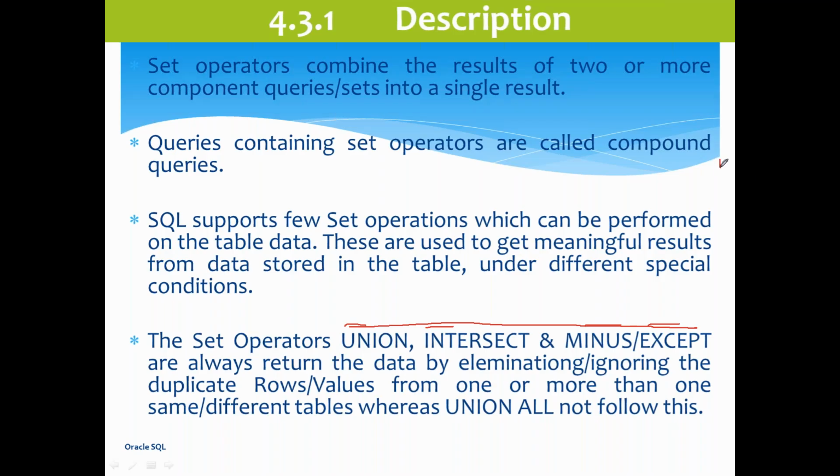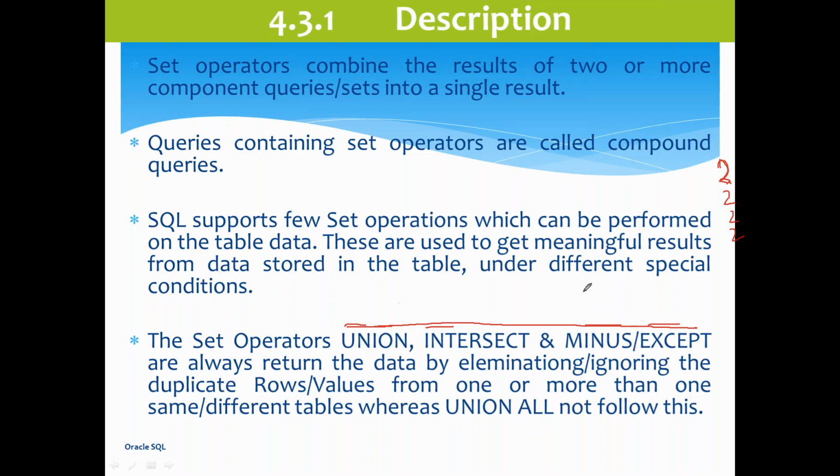Suppose two is there, two, all these are duplicates. So how do we ignore the duplicates and display? We use distinct. That distinct is used by default in union, intersect, and minus. So if we use any of these three operators, then these two twos it will consider as only one two. It will ignore all the duplicates. And another is the union all set operator.